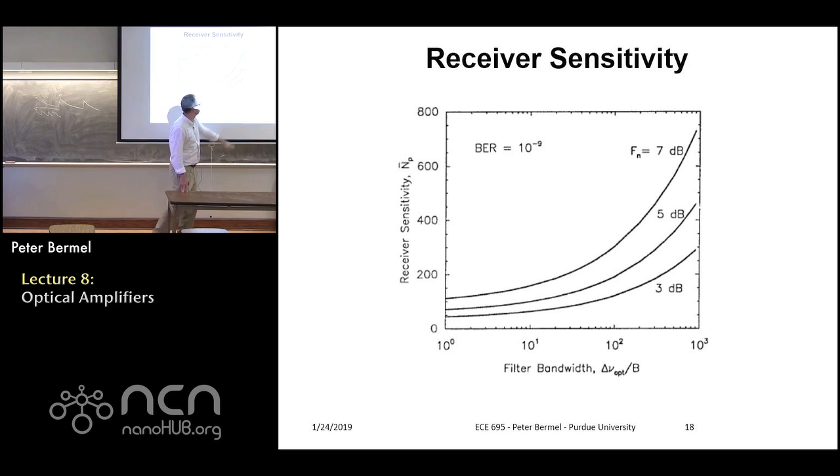As you go to very high filter bandwidth ratios, on the order of 1,000, then you need to have the highest sensitivities in order to maintain this low bit error rate that's desired. So that was my takeaway from this, and this is also in the book.